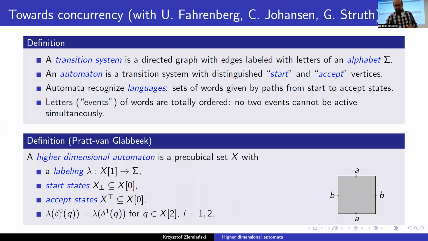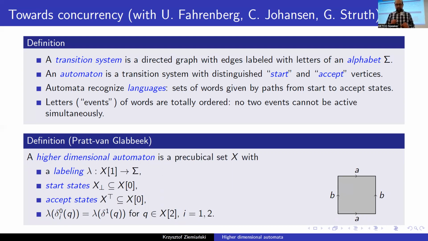So the generalization of automata to the concurrent world are higher dimensional automata. Higher dimensional automata are a precubical set with some labeling of your vertices, and there are some states which are start states, and you have some exit states, and there is some condition which says that the labeling is coherent.